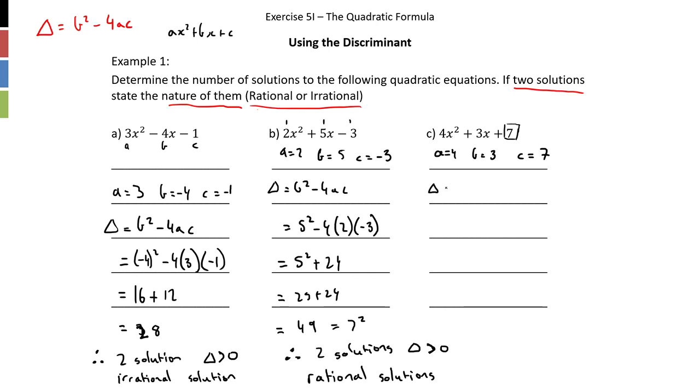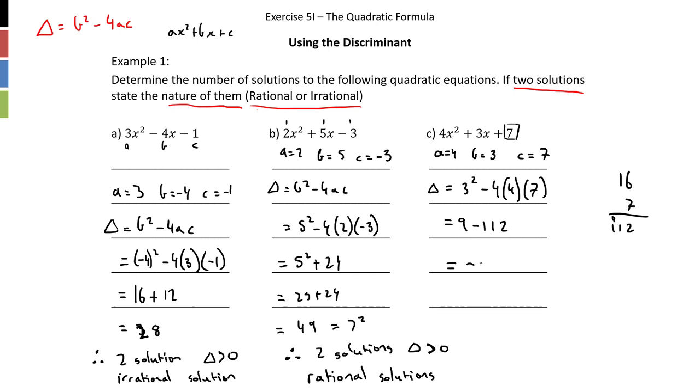So let's have a look. The discriminant is equal to 3 squared minus 4 by 4 by 7, which is 9 minus 4 fours, which is 16, and 16 times 7 is 112. So 9 minus 112 will be negative.